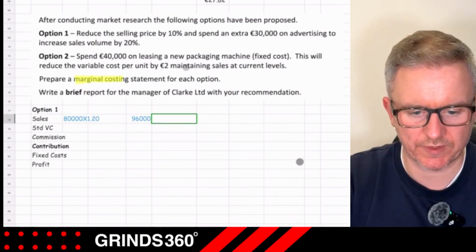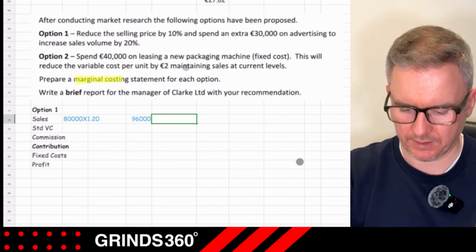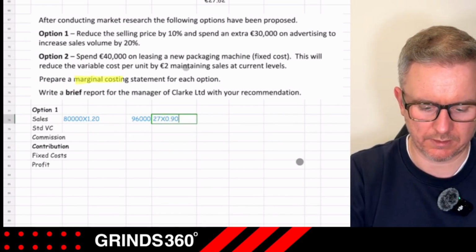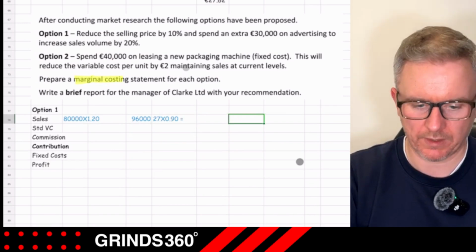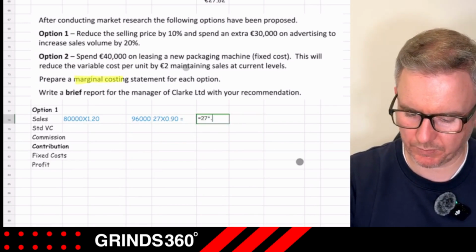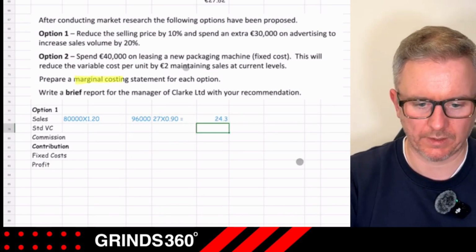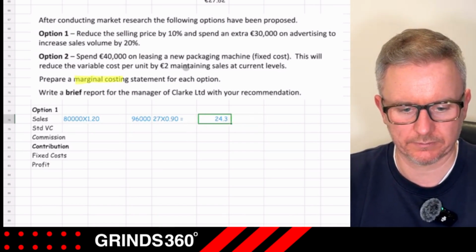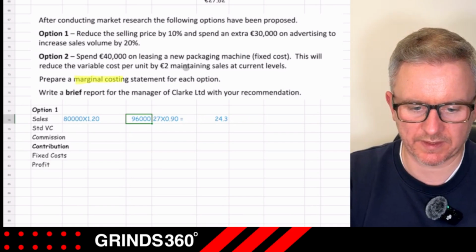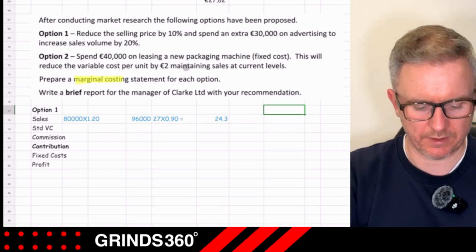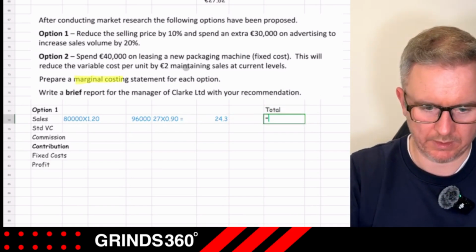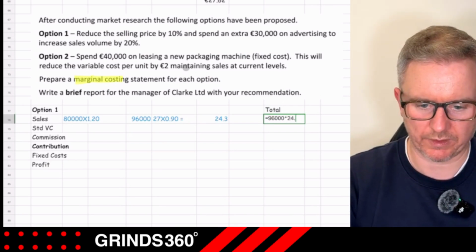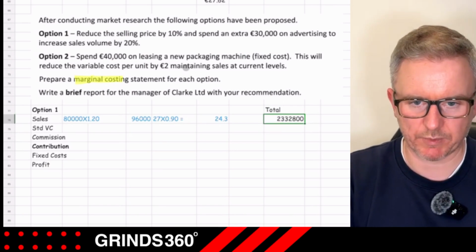You're going to reduce that by 10%, so 27 multiplied by 0.9 to get your reduction. So my new selling price there, €24.30. So now I'm going to use my 96,000 and my €24.30. So I'm going to have my total 96,000 by that €24.30. So that's my total sales figure.